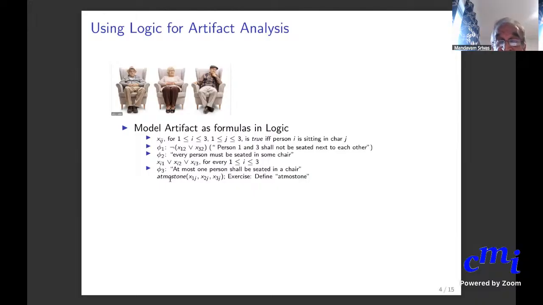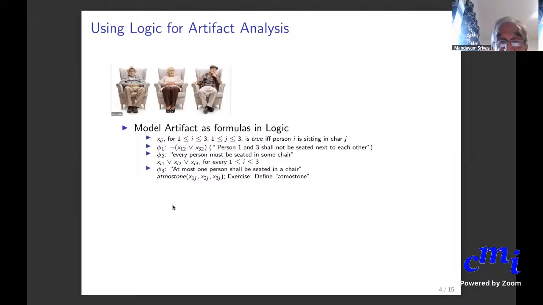I leave it as an exercise for you to define this. As a matter of fact, you can define exactly one, at most one, at least one, all of them, once you assign the meaning of a propositional variable.